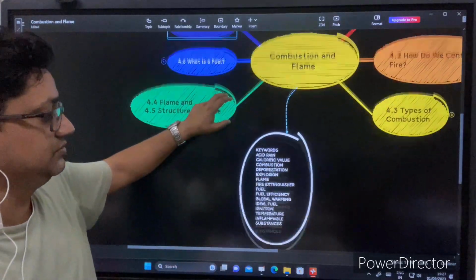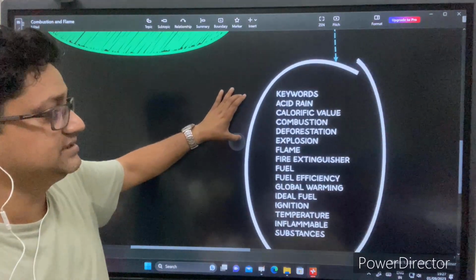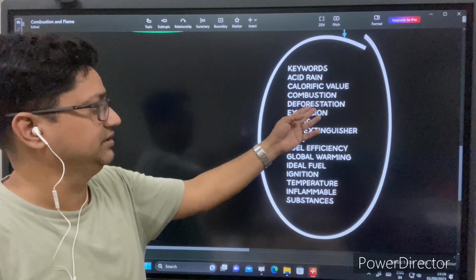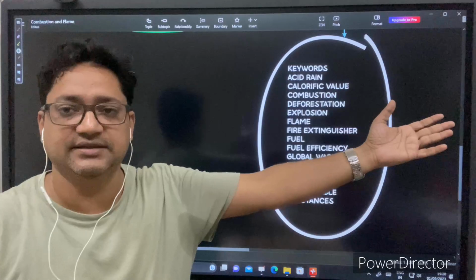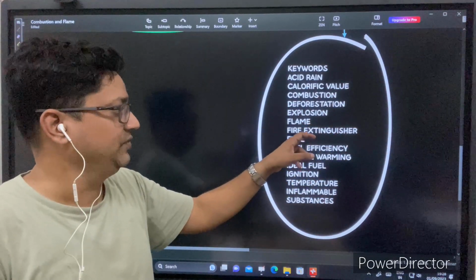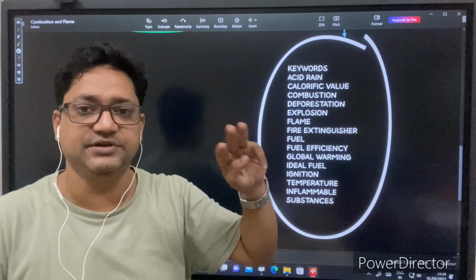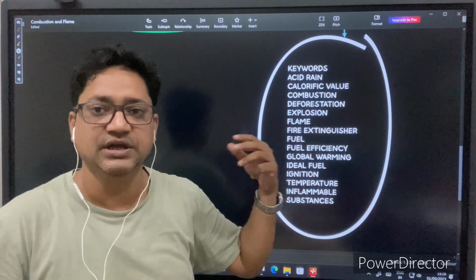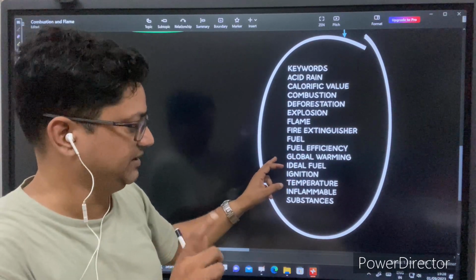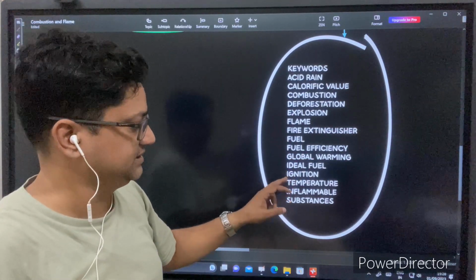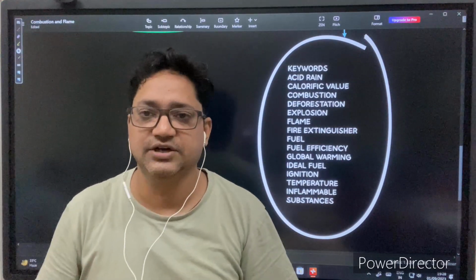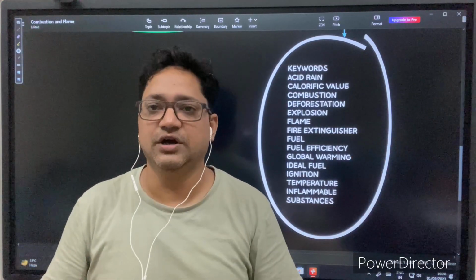The keywords for the chapter are: acid rain, calorific value, combustion, deforestation, explosion, types of combustion, flame, fire extinguisher, fuel efficiency, global warming, ideal fuel, ignition temperature, inflammable substances. These are the keywords that you must know when you are done with this chapter.